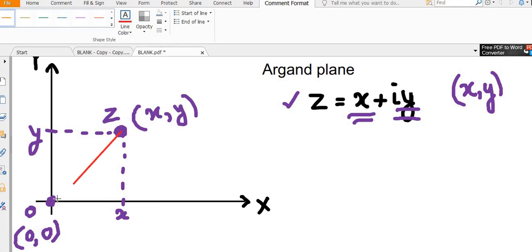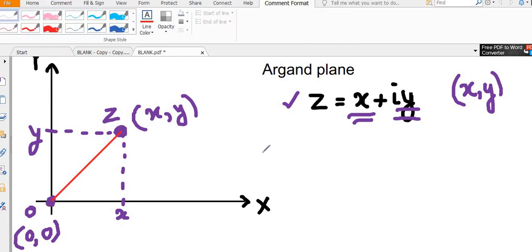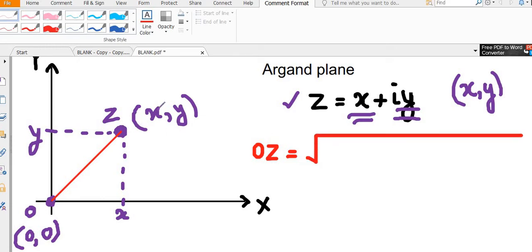If the red line denotes the distance between the 2 points O and Z, then this length OZ will be denoted by square root of x minus 0 whole square plus y minus 0 whole square.